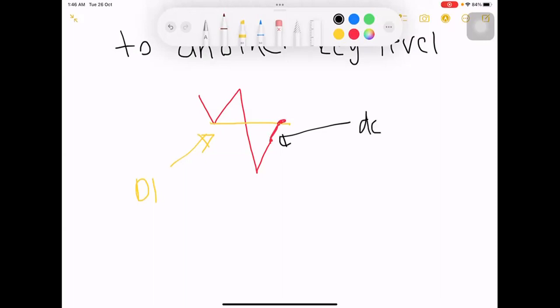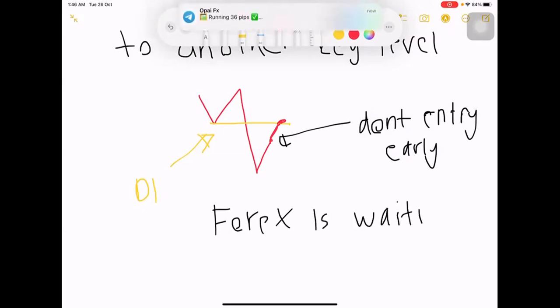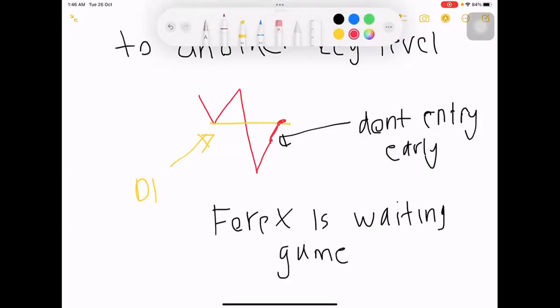And don't entry early. So we wait. That's why Forex is a waiting game.